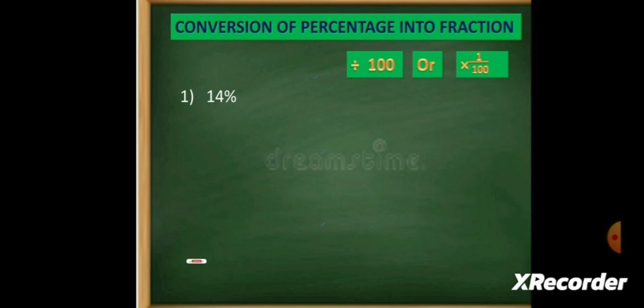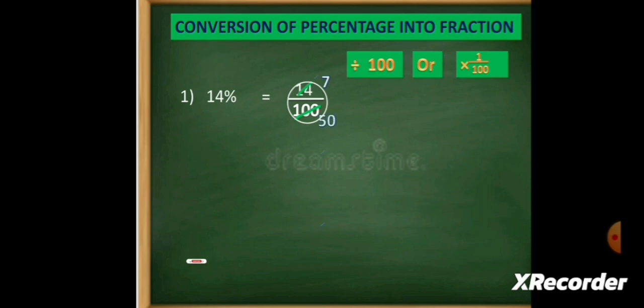14%. We write it as 14 upon 100. बस हो गया सम. हमें आंसर मिल गया क्योंकि हमें फ्रैक्शन में कन्वर्ट करना है. नहीं, हमें इसे लोवेस्ट फॉर्म में करना है. So we will divide by the common factor, that is by 2, and we will get it as 7 and 50.